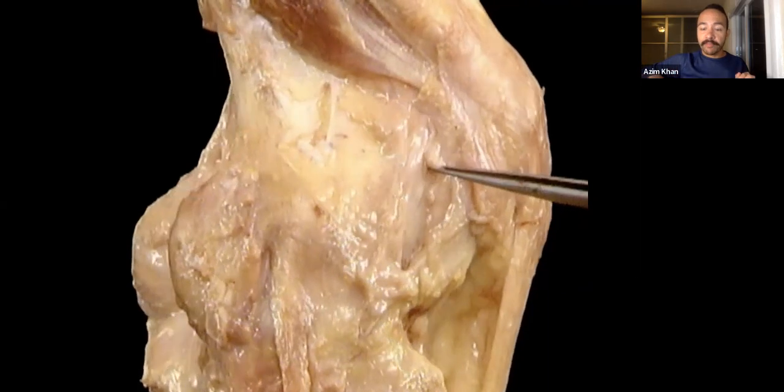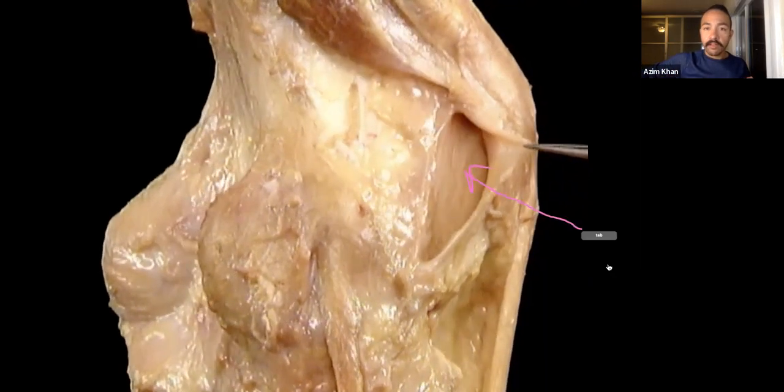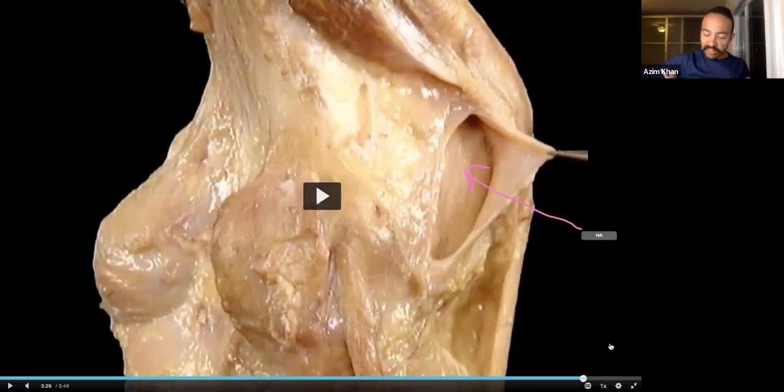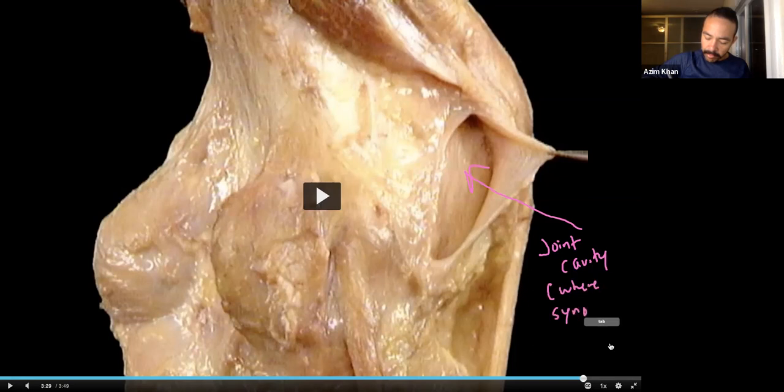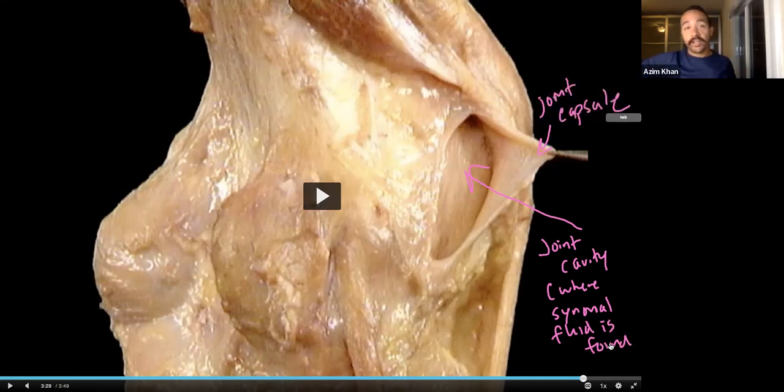Here they've cut the joint capsule open, and you can see where the fluid would be. So that space is the joint cavity. So once again, this is a cut joint capsule. This is where the fluid would go.